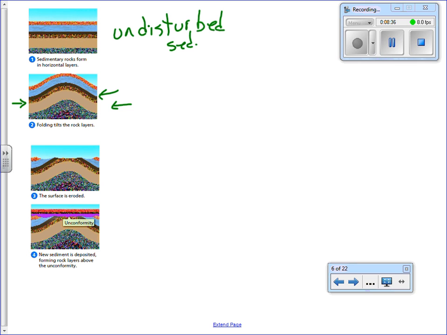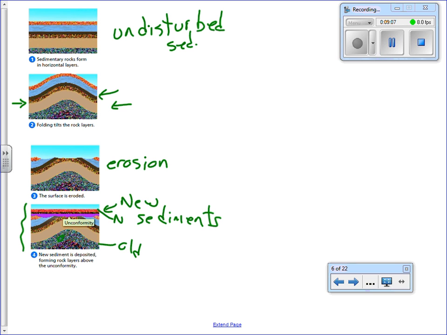And then you might have erosion. You might have flash flooding. You might have weathering. Many different things might cause that. And then whatever forces were causing that have stopped. And then you have new sediments being laid down. And then you have a case where these are in the order where the oldest ones are at the bottom and the newest ones are at the top.